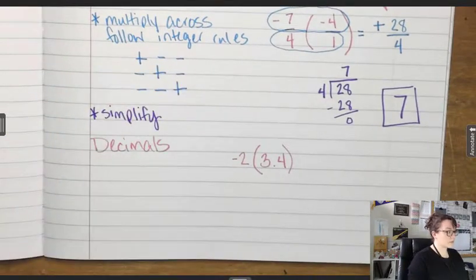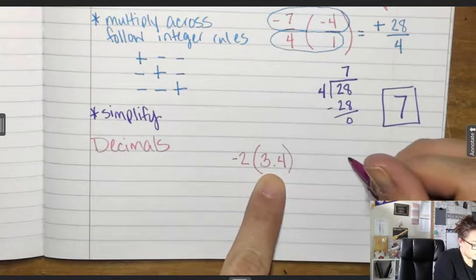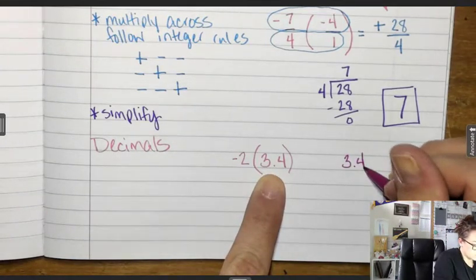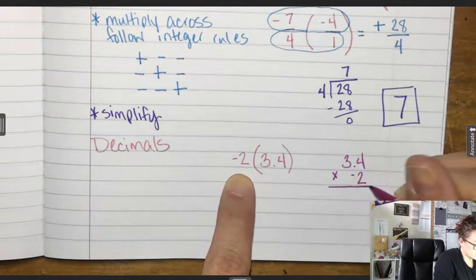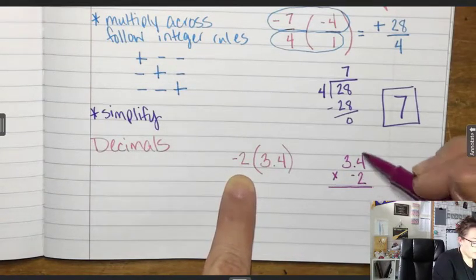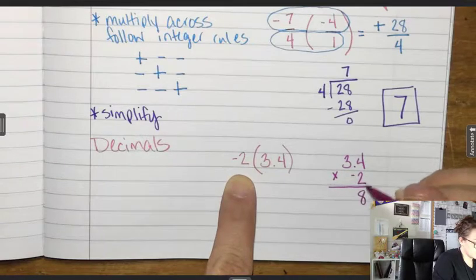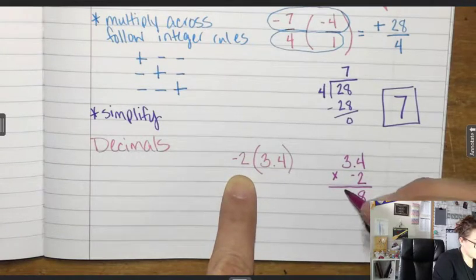The bigger number over the smaller number. So I've got 3.4 goes on top times -2.